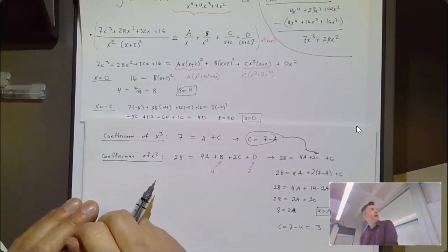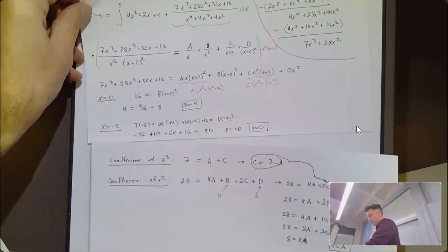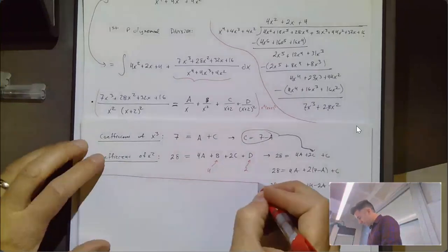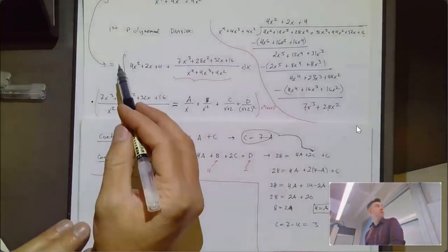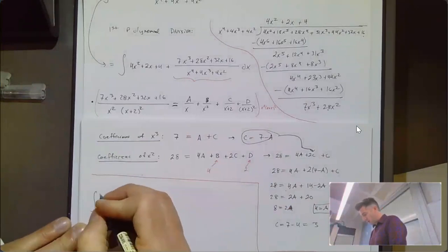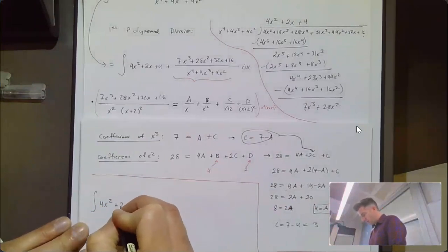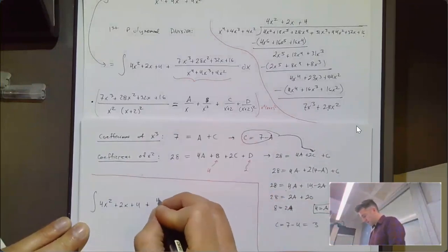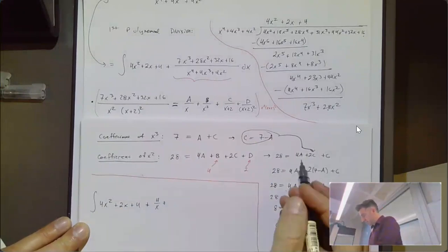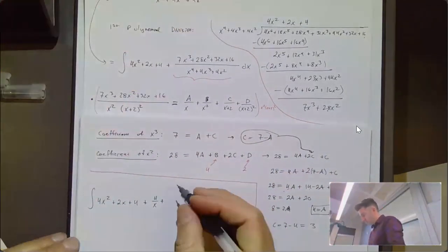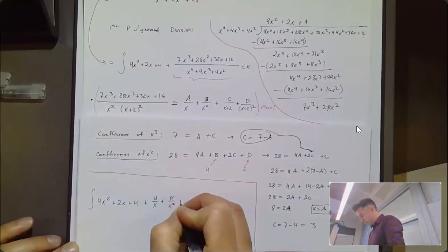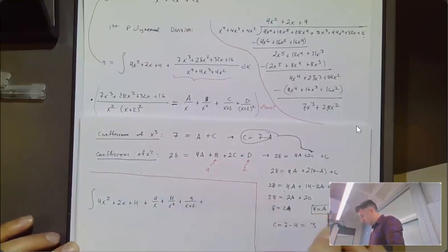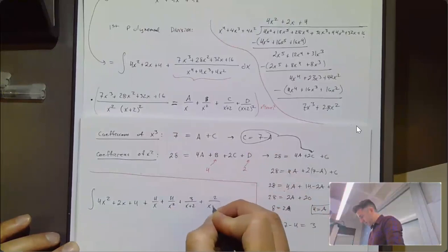All right, so now finally, we can write out our integral. This integral is going to be the integral of 4x squared plus 2x plus 4 plus a over x, plus b, where'd b go? b is 4 over x squared, plus c over x plus 2, plus d, which was 2 over (x plus 2) squared.